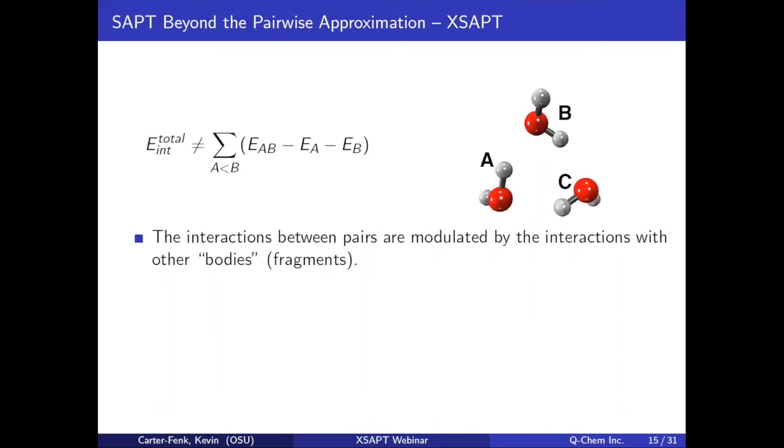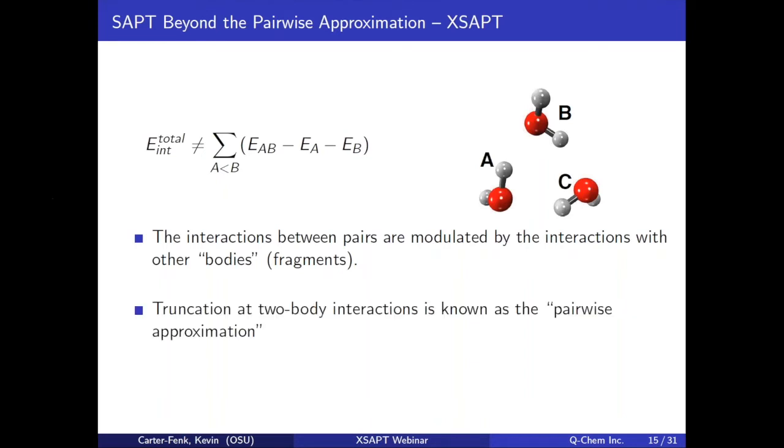And in most cases, that is not a valid approximation, because, again, in our water trimer example, the interactions between the dimer AB are influenced by the additional interactions with monomer C, and so on.